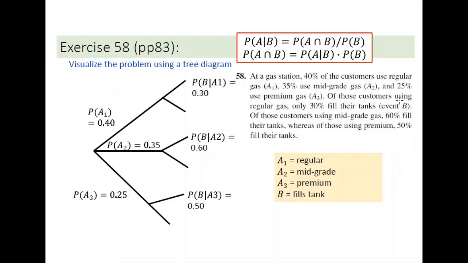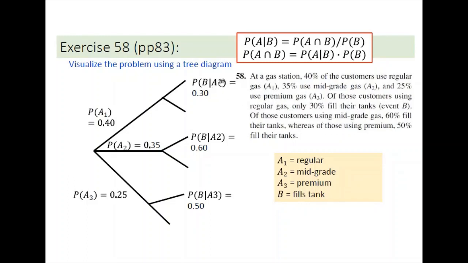Okay, of those customers using regular gas, only 30% fill their tanks. It's a conditional probability. Look at here, you have additional information. You know about the kind of gas that customers use.